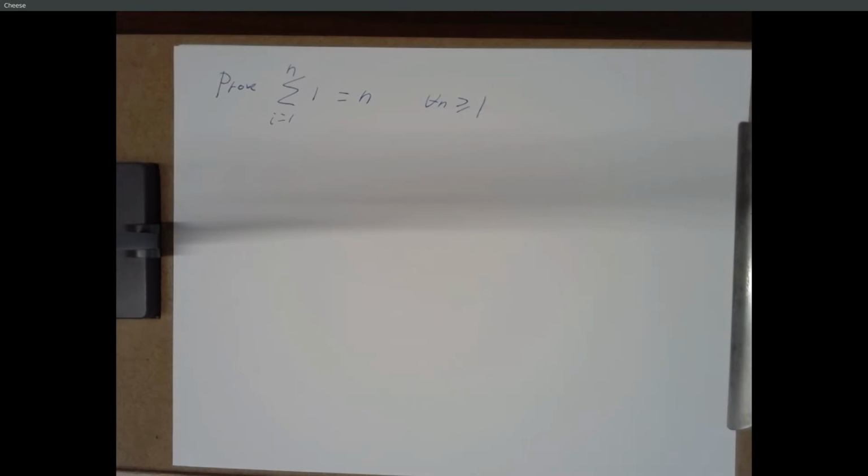If I do 1 plus 1 plus 1 plus 1 plus 1, total 5 times, I claim I will end up with 5. Do you believe this is true for all n bigger than or equal to 1? Have you ever proven it? Have you ever actually added a million ones together to see if you get a million? I haven't. But we believe this is true, right?